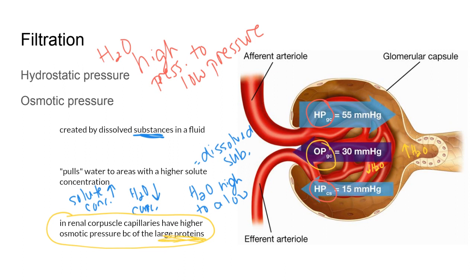That lowers the water concentration of the capillaries, so it naturally pulls water in towards the capillaries. You'll notice these two pressures go in opposite directions, but there is still a net push of fluids and solutes out of the capillaries and into the capsule. This is all part of filtration and forming that filtrate solution that's now going to move into the tubule.